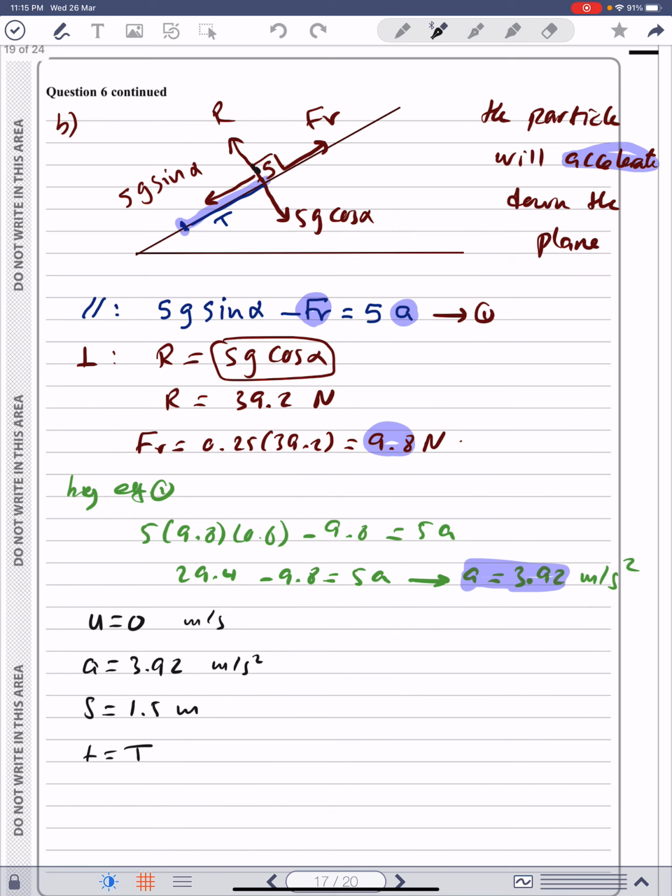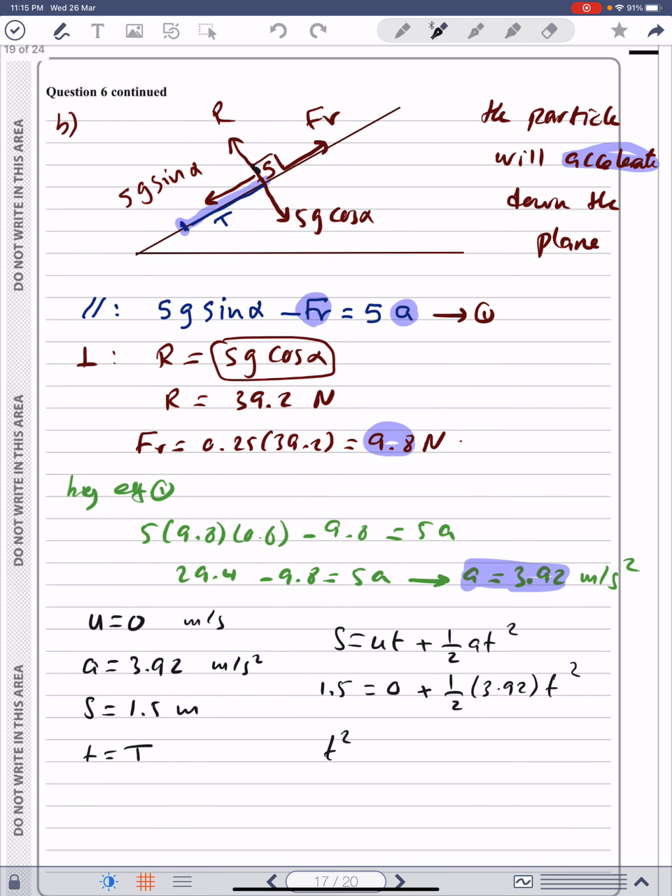So the formula that contains u, a, s and t, whichever way you memorize it: s equals ut plus half at squared. s is 1.5, equal to ut, which is 0 times t, plus half times a, which is 3.92, times t squared.